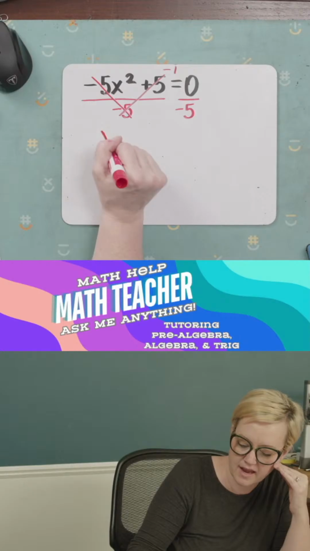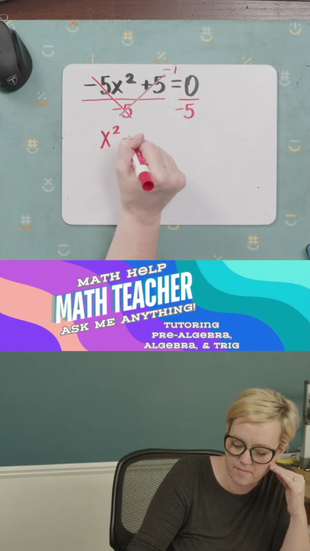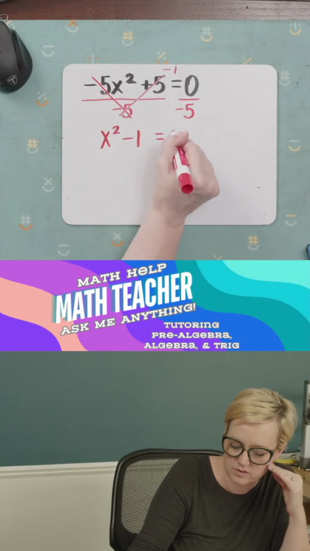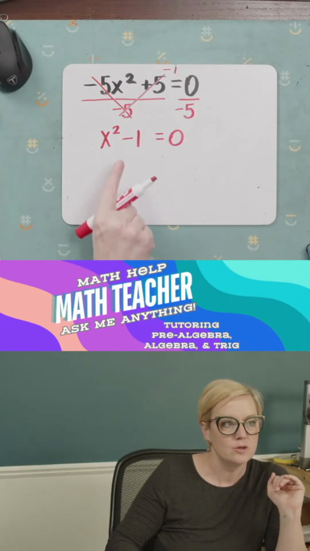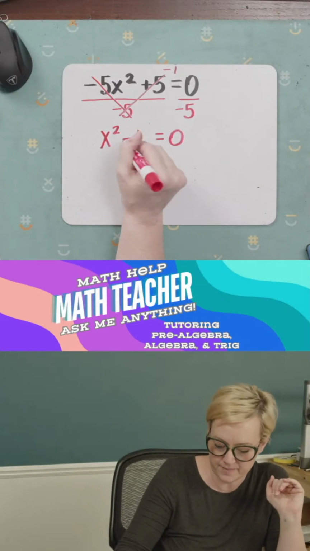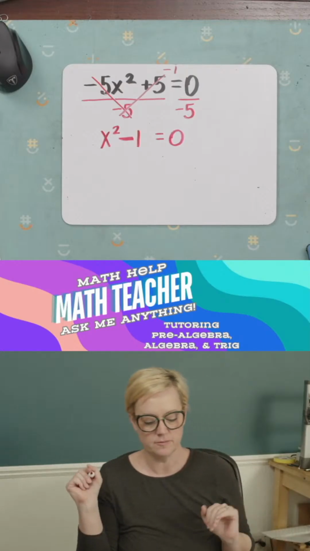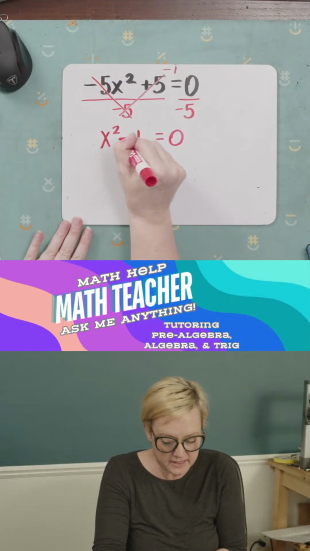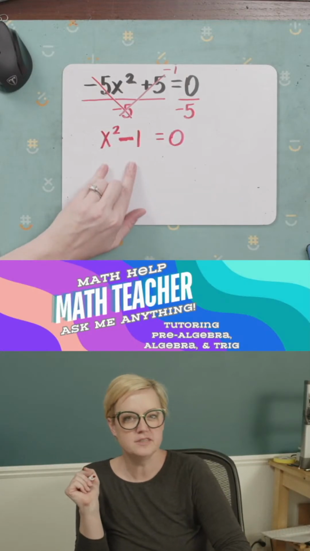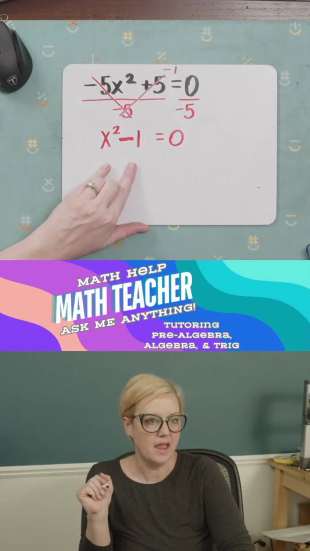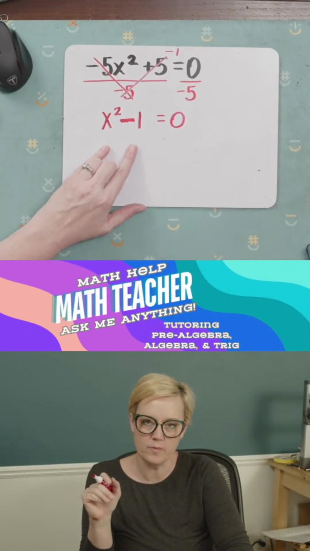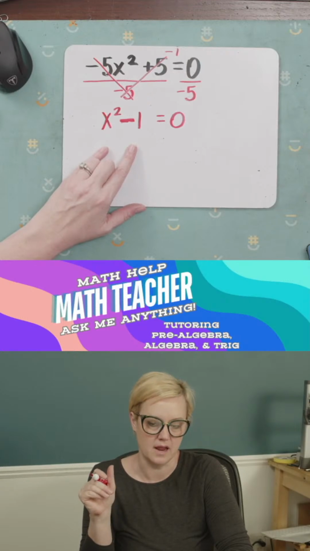Now I'm looking at x squared minus 1 equals 0. This setup is called a difference of squares. It's a special binomial that you might recognize.